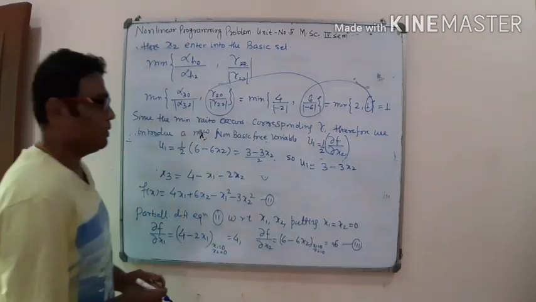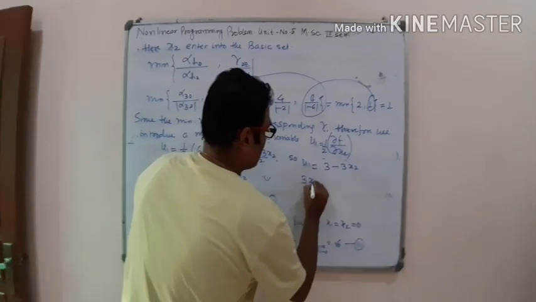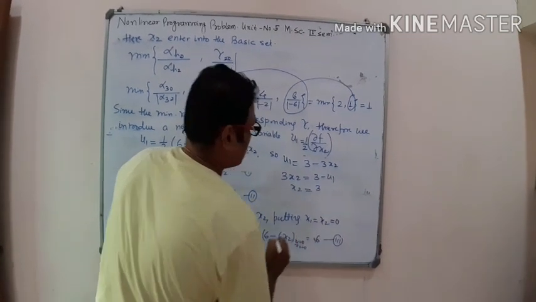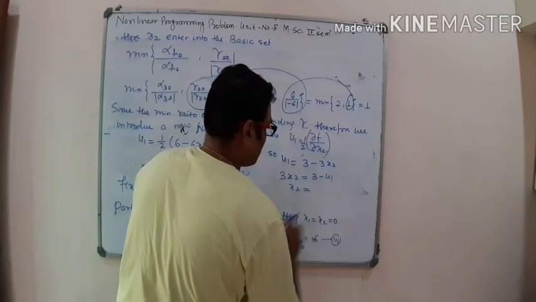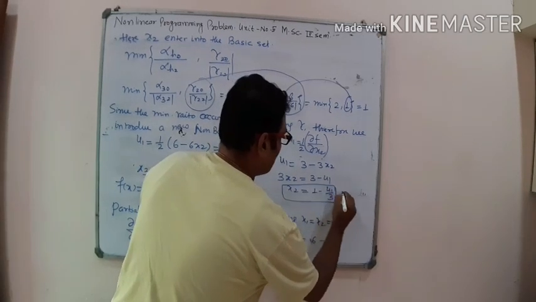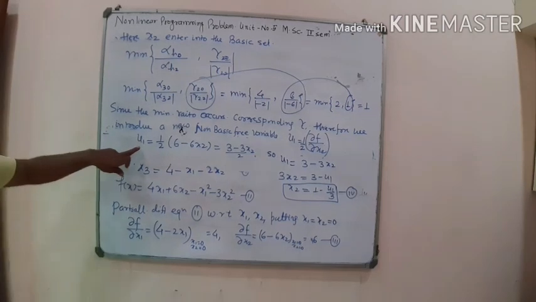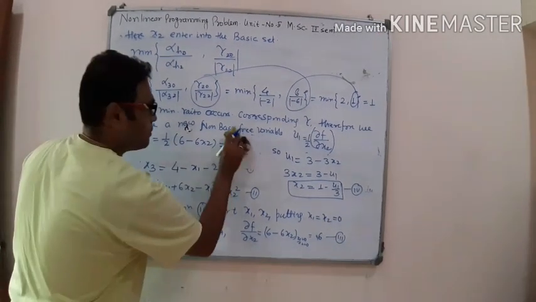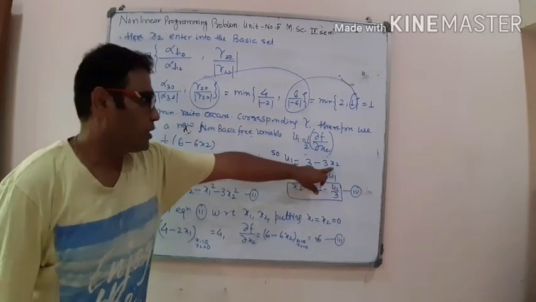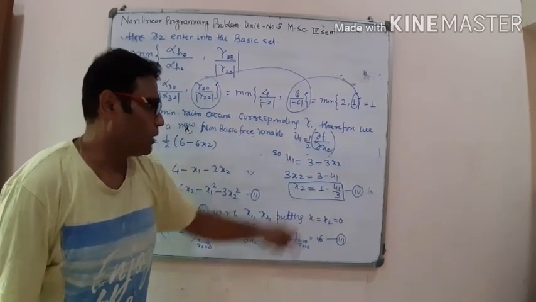Because 2 is divided here, 3x2 becomes 3 minus u1, so x2 becomes 1 minus u1 upon 3. This is your value of x2, say equation number 4. Just correct it here: this expression was a mistake, because 2 is divided, so this is 3 minus 3x2, so x2 becomes 1 minus u1 upon 3.